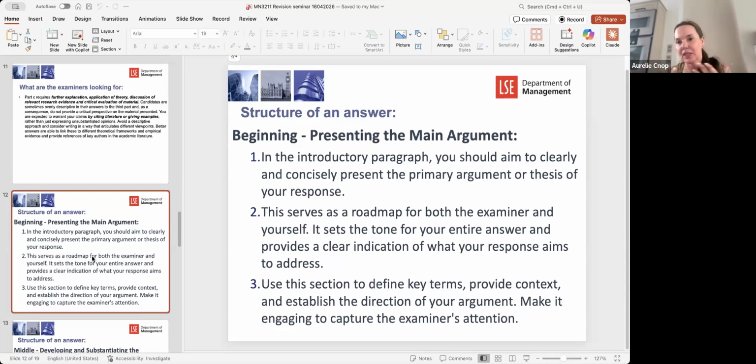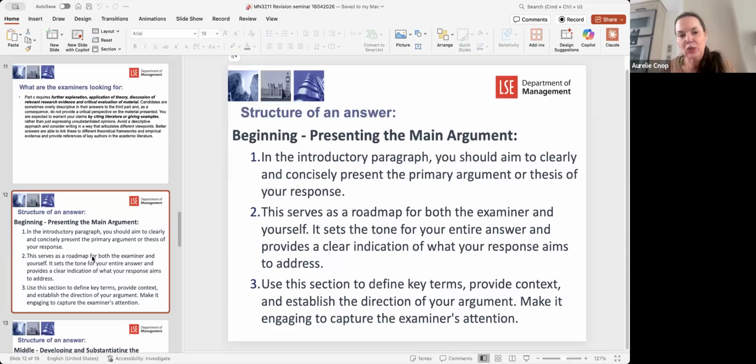And then you may say, I will use readings from this author and that author to explain this, and I will also include limitations linked with the influence of the contract that might occur in situations of psychological breach, for example, in this and that. So that's it, right? You are just explaining your stance, what you're going to say, what your main argument is. You don't need to develop your argument, just setting the tone for your answer, right?